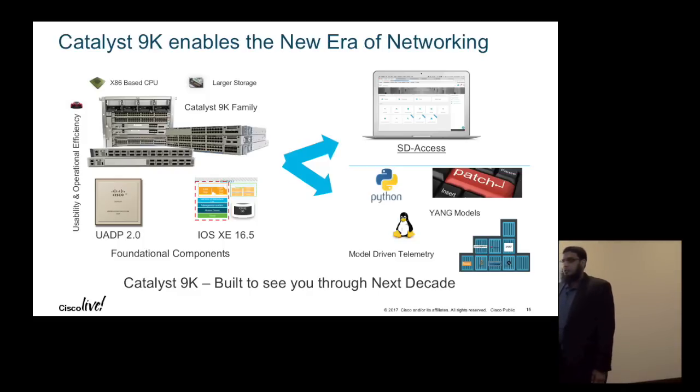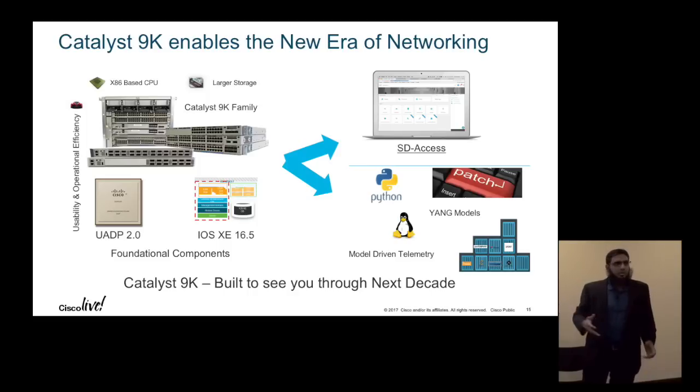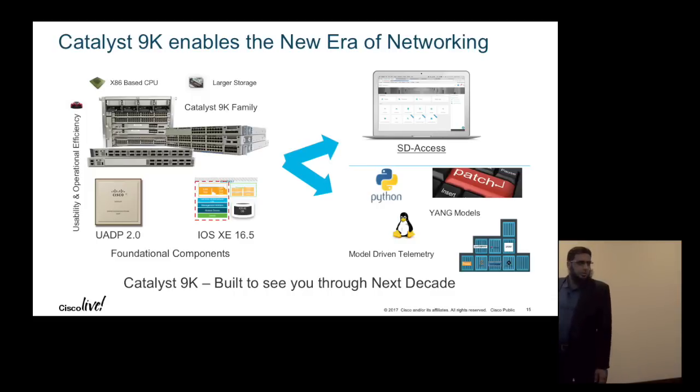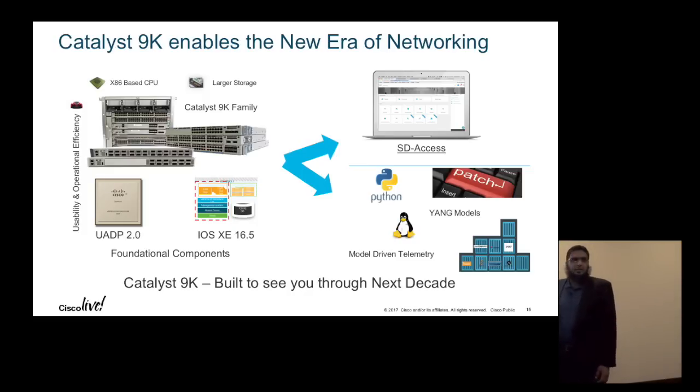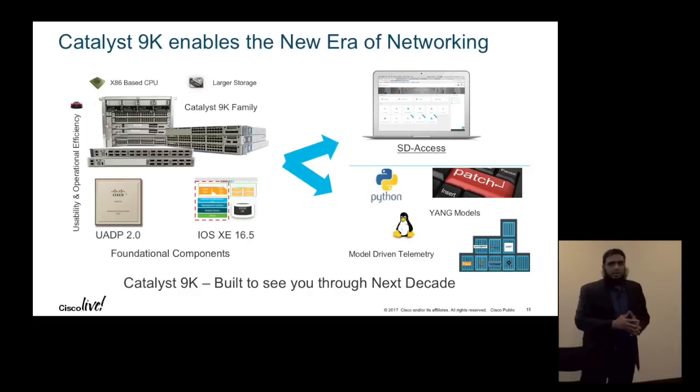You can do the things that we have talked about, which require some programmability capabilities and coding skills. But you also have a turnkey solution in terms of SD-Access and DNAC, which uses pieces of this and gives customers a solution that is ready to go. So we have both options with the Catalyst 9K.